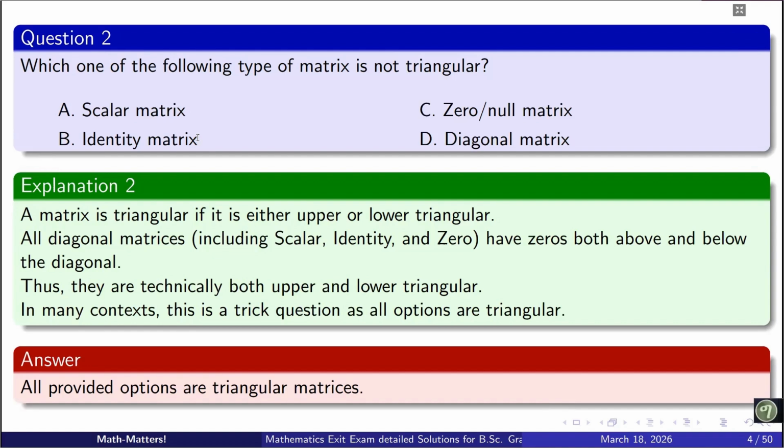The identity matrix is also triangular. The zero or null matrix is also diagonal, or triangular. The diagonal matrix itself is a triangular matrix. Therefore, there is no matrix which is not a triangular matrix. Therefore, all the options are triangular matrices.